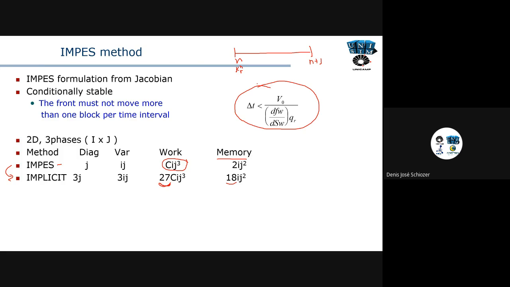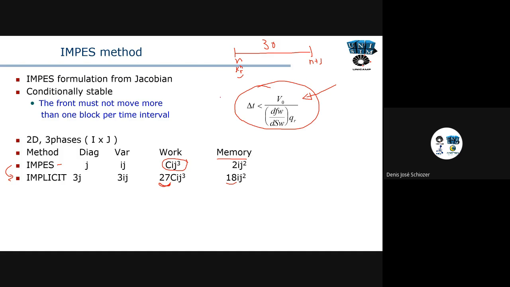So in the explicit method, I cannot use too big a time step, because if I have too big a time step, it will not converge. Why? Because the solution is not good. For example, if I have 30 days, the relative permeability will change a lot from the beginning to the end of the time step. So it's not a good idea to use a time step too big and use an explicit solution, using variables that don't change in the time step.